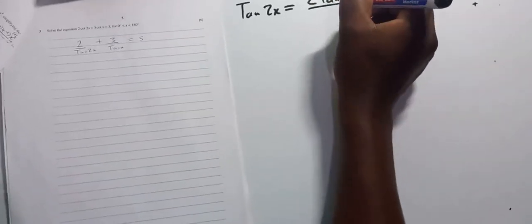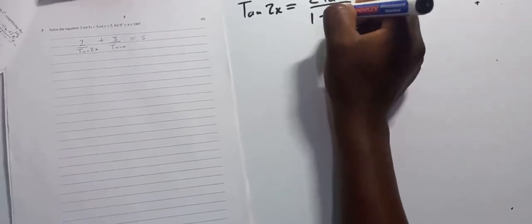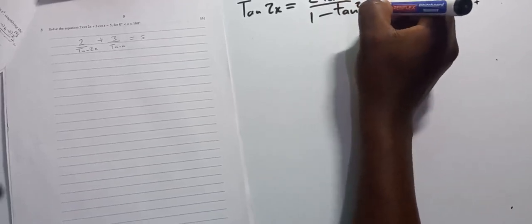So 2 cot 2x is 2 over tan 2x, plus 3 over tan x equals 5. But what is tan 2x? You can see that tan 2x equals 2 tan x over 1 minus tan squared x.